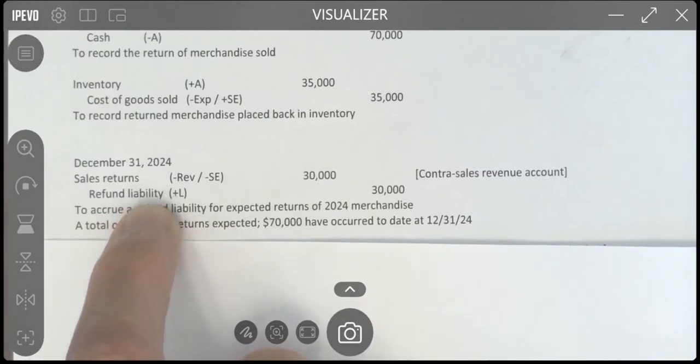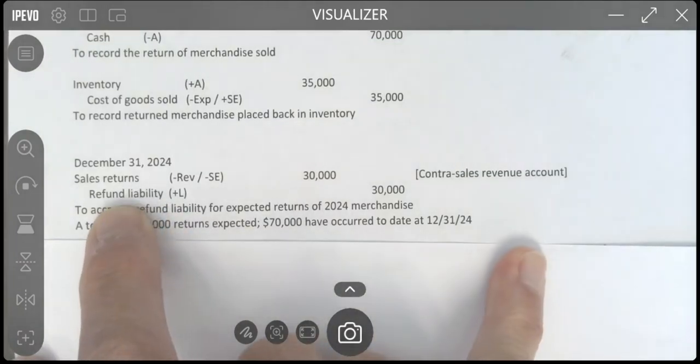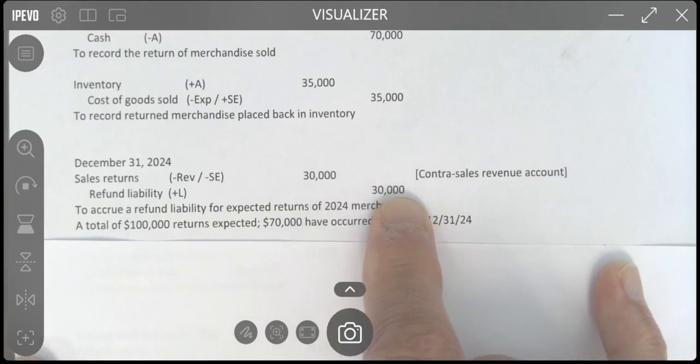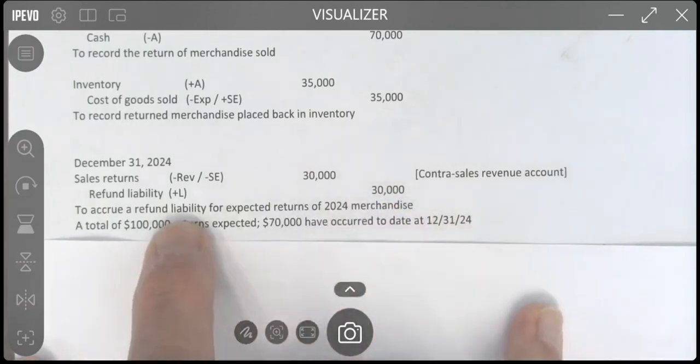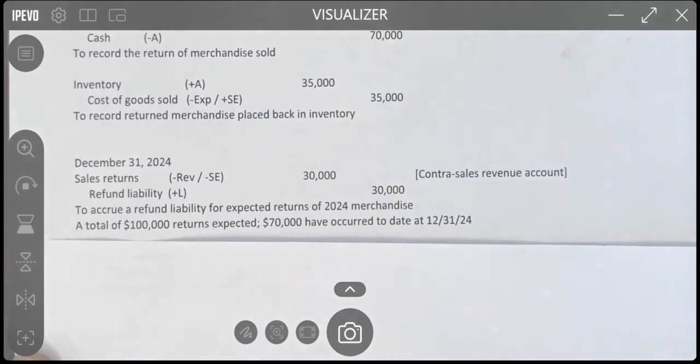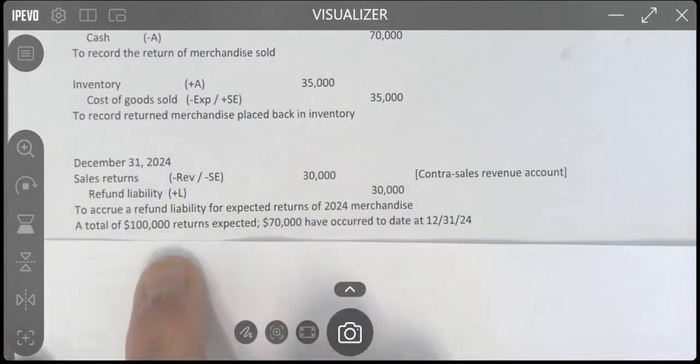This is what we expect to occur early next year, but we have to account for that expectation. And the reason for that is that we don't want to overstate sales. So we credit a refund liability for 30,000. That is to accrue a refund liability for expected returns of 2024 merchandise.